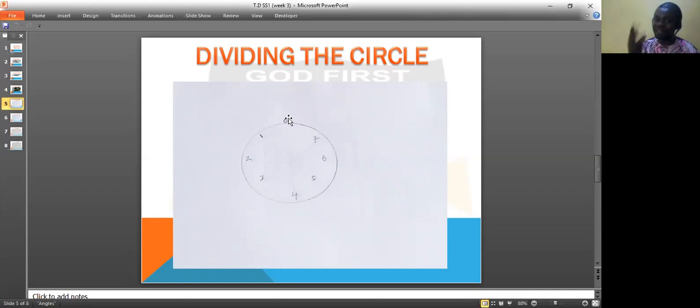The circle has a radius of 3 centimeters, that is, the diameter is 6, and it is divided into 8 equal parts.